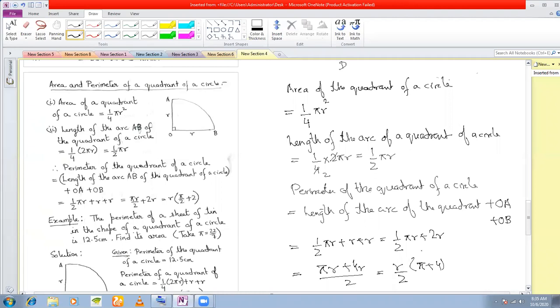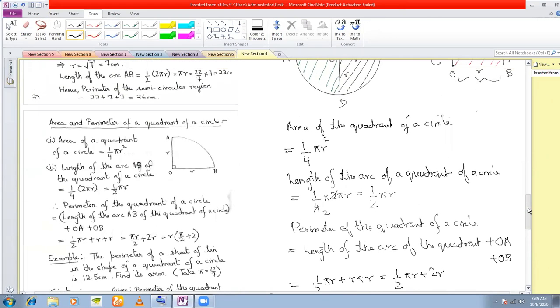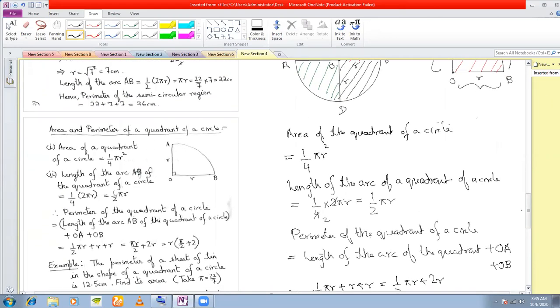The point that I'm trying to make here is that you just need to remember the area of a circle. If you remember the area of a circle, you can find out the area of a semicircle and a quadrant also. If you remember the circumference of a circle, you can find out the length of the semicircular arc, and the perimeter of the semicircle also.